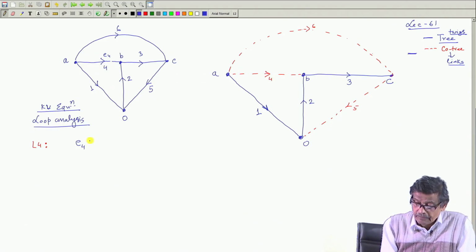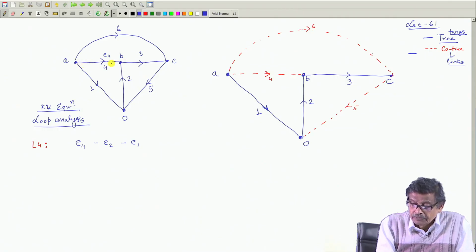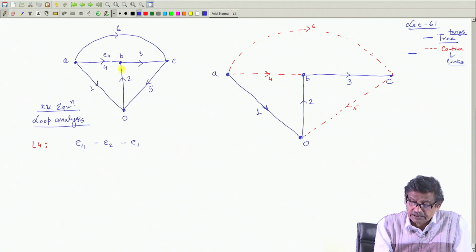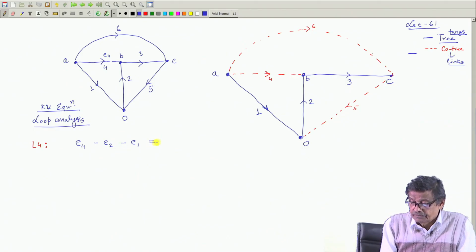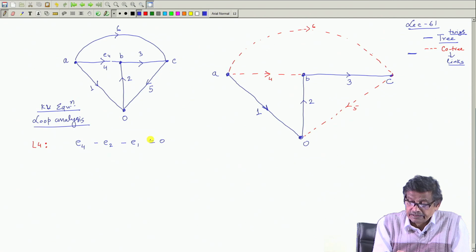So, E4 plus, then minus E2, then minus E1 if you traverse this loop. So, give a positive sign to E4 in whatever direction it is assigned, then E2 is in opposition, so it will be minus E2 minus E1, and this must be equal to 0. This is the KVL equation formed by link 4 and these two twigs.